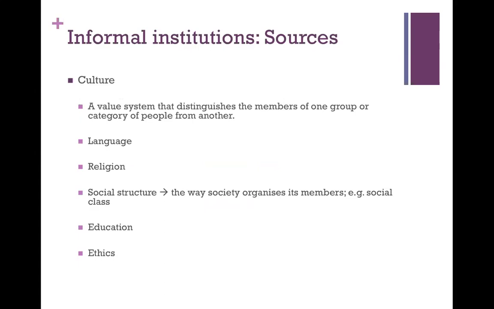Specifically, we talk about language, for instance, religion, social structure, which is basically about the way the society organizes its members, like social class, for instance, the education, the ethics, and so on and so forth. So there are some attributes that come under culture.